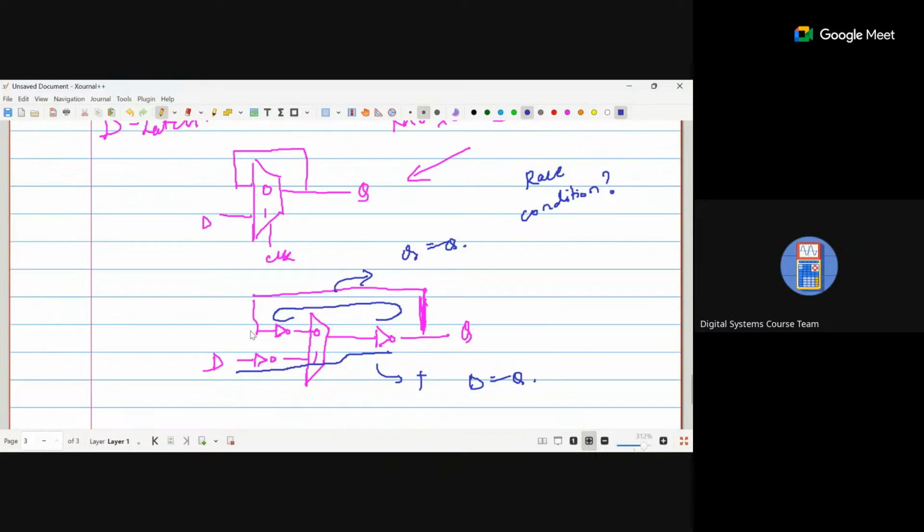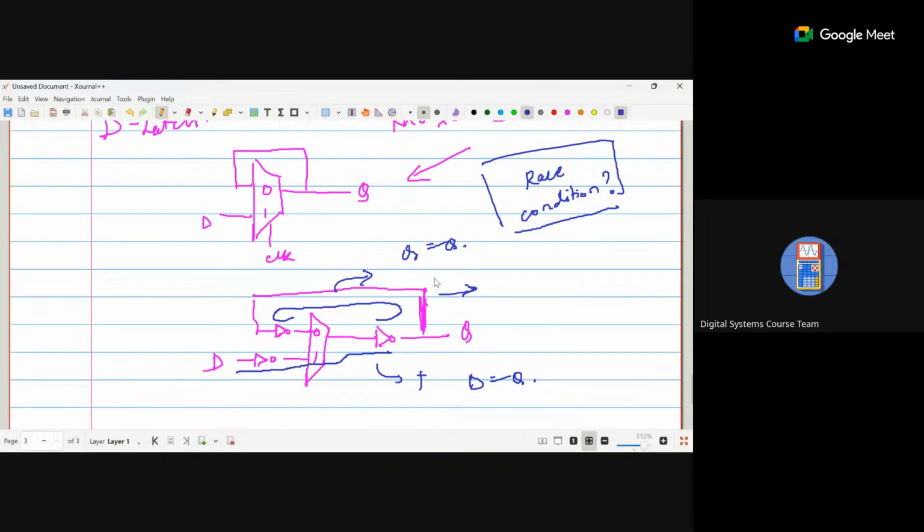Race condition is where a value is being accessed by another one and gets corrupted, that is, you didn't want to change it but the other value changed it. That is what we call race condition.